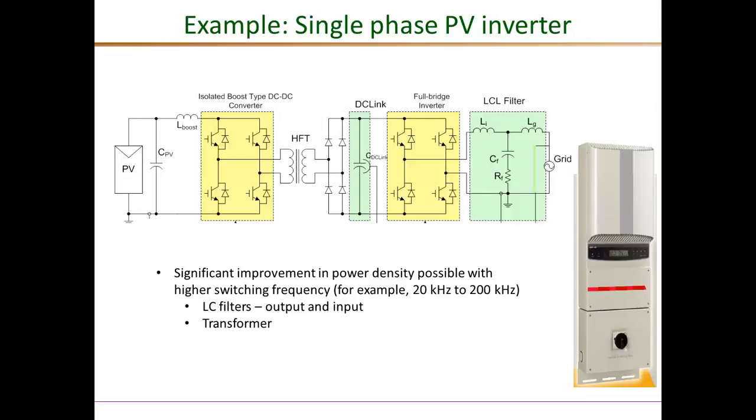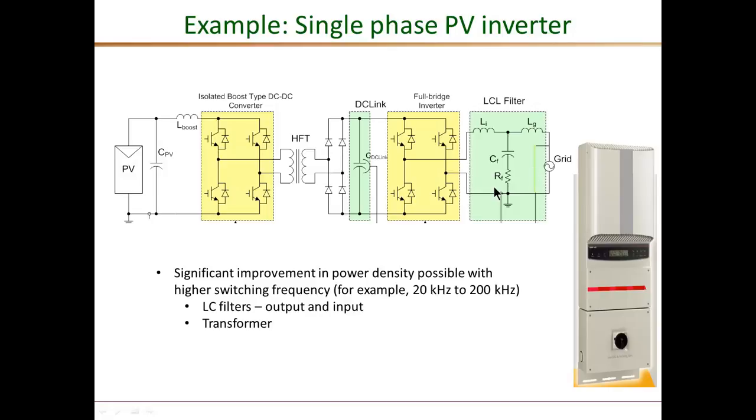This is a circuit configuration of a typical single phase solar PV inverter. So you have a DC-DC stage which does the high frequency transformer isolation, maintains the DC link voltage at a value suitable for grid interface at say 240 volts. It also does the maximum power tracking function from the solar arrays. The next stage, the DC to AC inverter, does the DC to AC conversion and controls the line current injected into the grid.